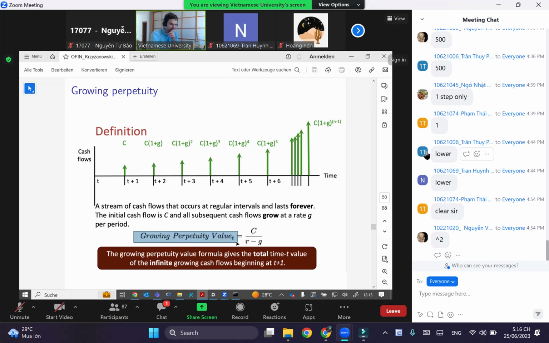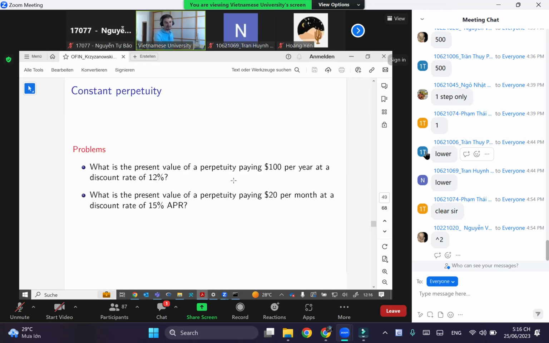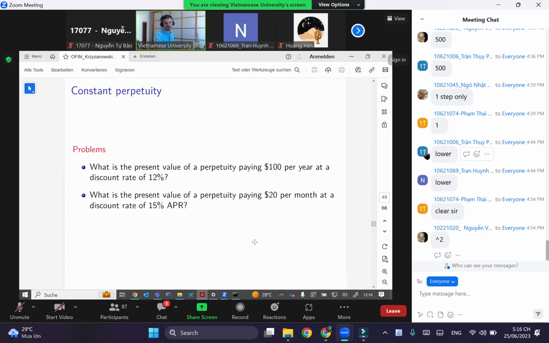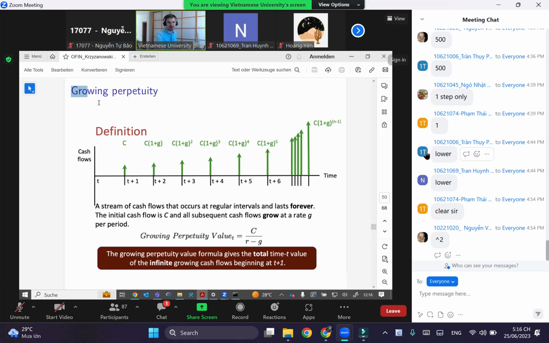So you are able to calculate not only the time t value of a constant perpetuity with the formula C divided by R, but also the growing perpetuity with the formula C divided by R minus G.